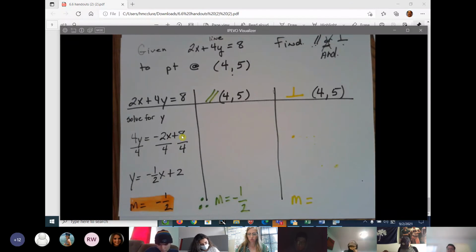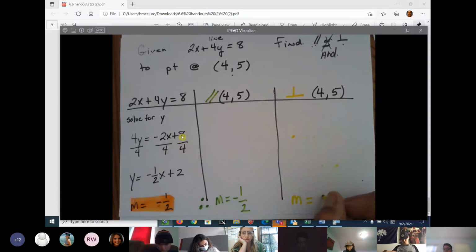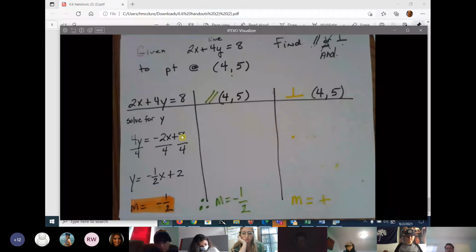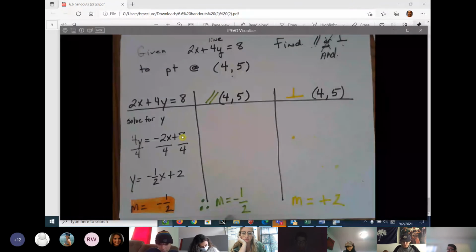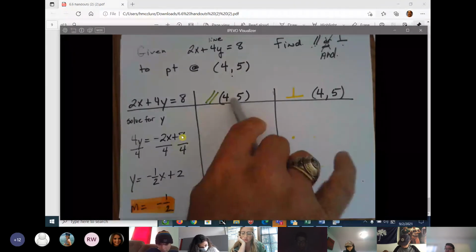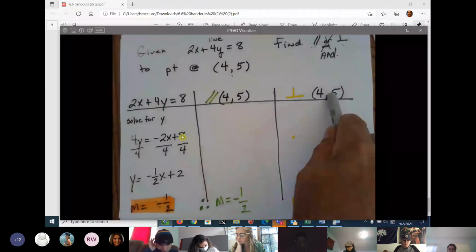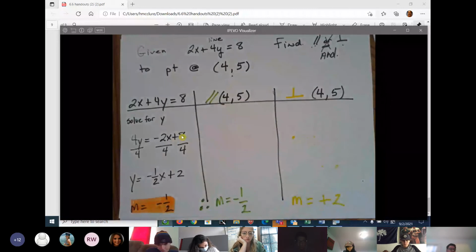What's the opposite sign of negative? Positive. Thank you. I know that hurt, but come on, you can do it. All right. What is the reciprocal of 1/2? 2. And now you've got a point and a slope. You use the point slope equation.